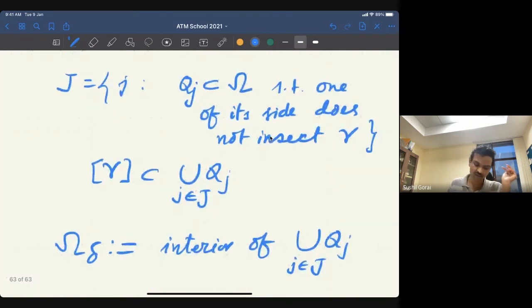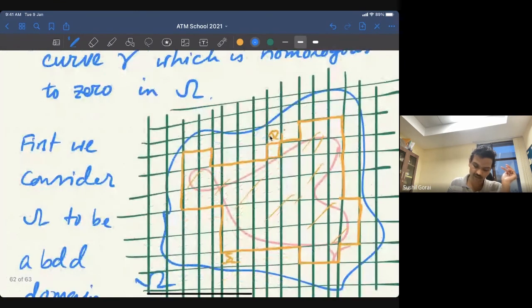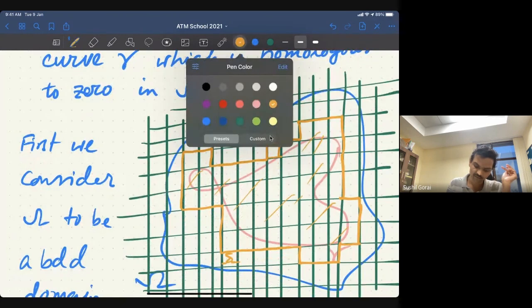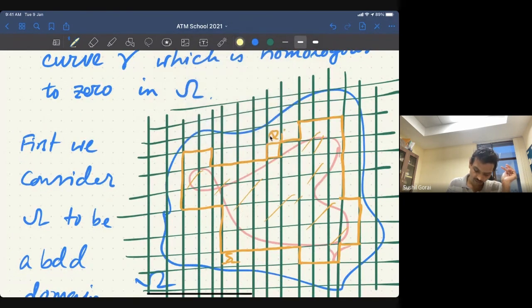What we should have done is something like this, the biggest one.